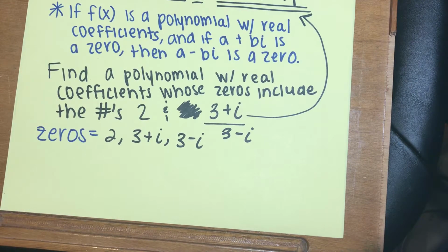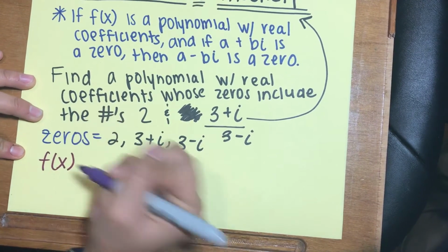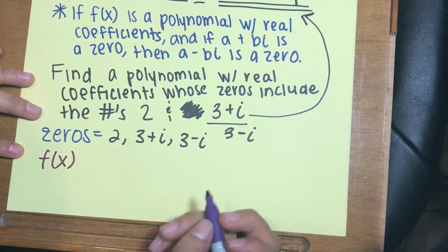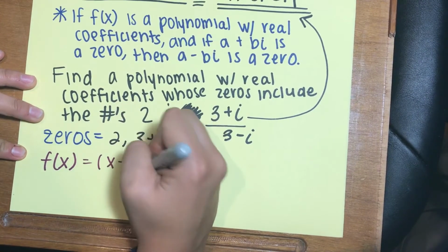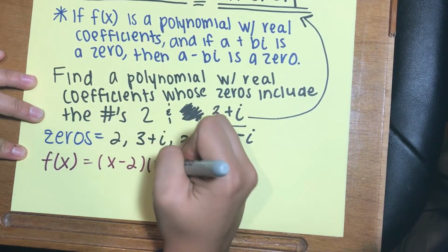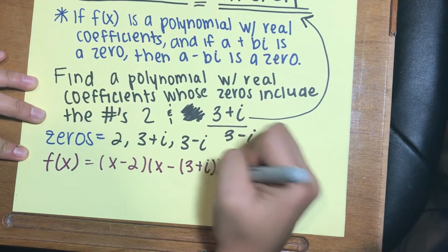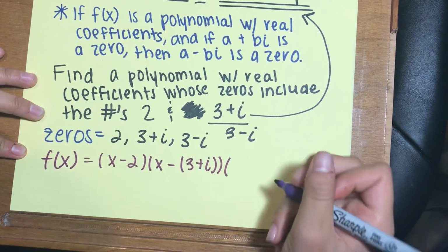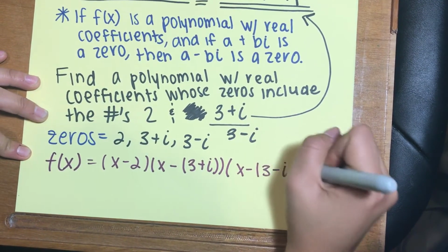So it would be f of x equals x minus 2 times x minus 3 plus i times x minus 3 minus i.